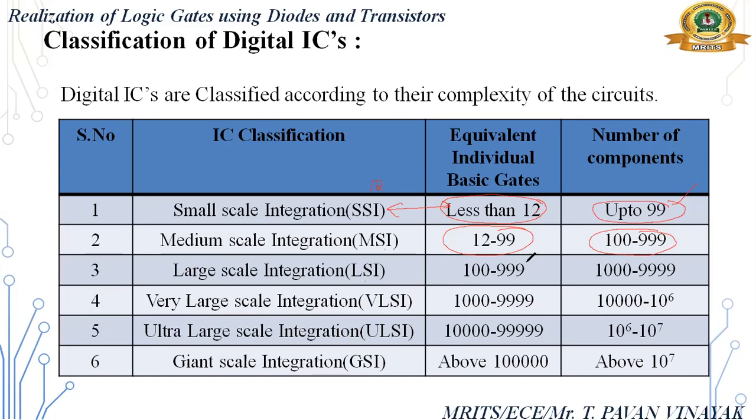In large scale, basic gates are 100 to 999, and components are 1000 to 9999. Like this, VLSI, ULSI, GSI components are available. The current trend is ULSI and research is on GSI.